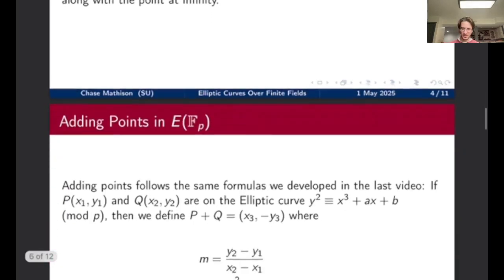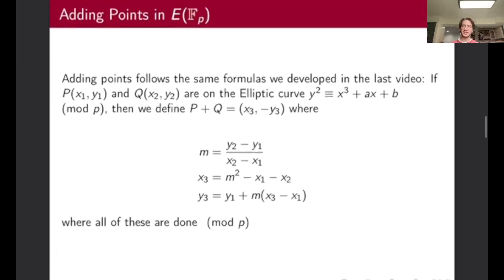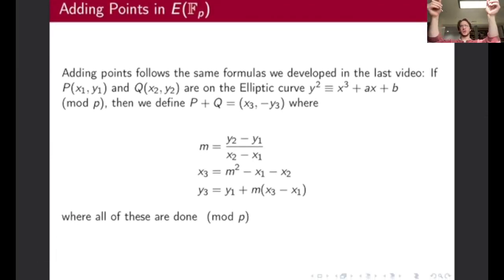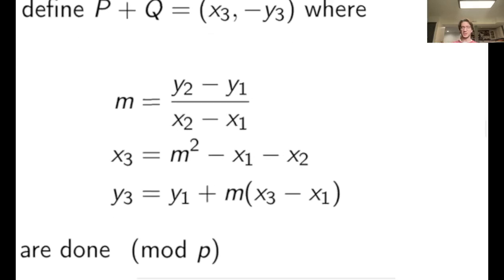All right, so how do we add points now that we've gone from the elliptic curve with points being real numbers to the elliptic curve with points coming from FP? The answer is we do it using the exact same formulas that we developed last time.